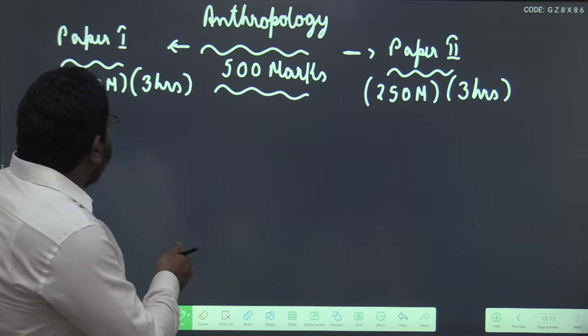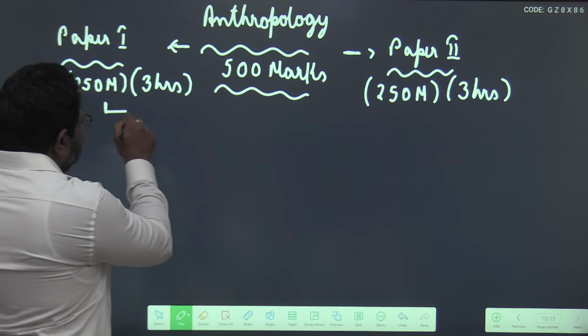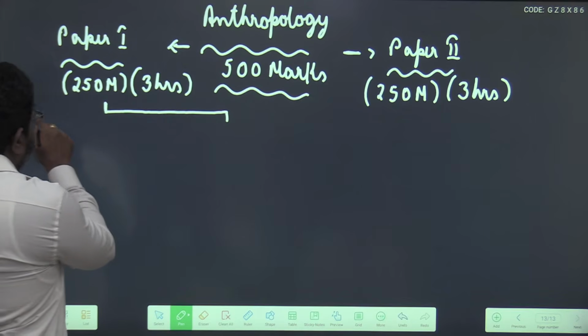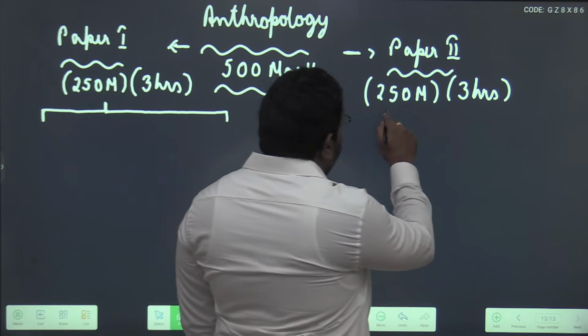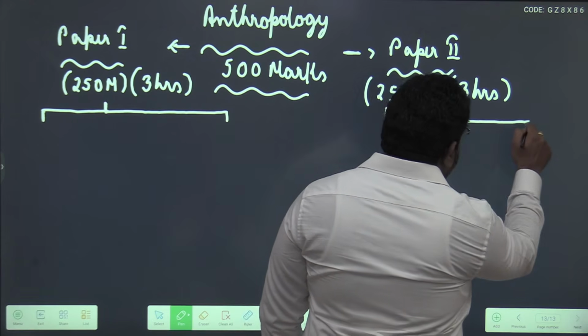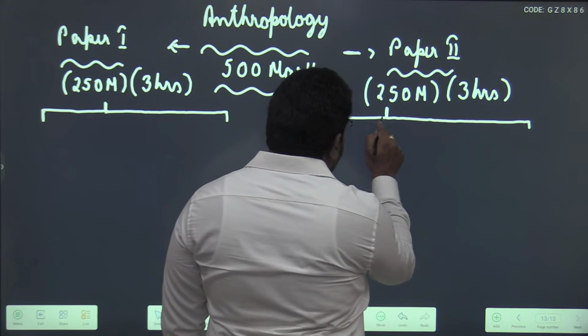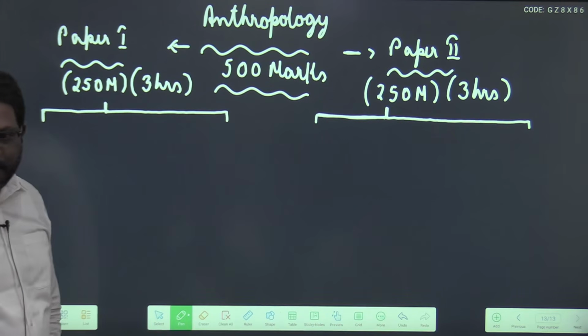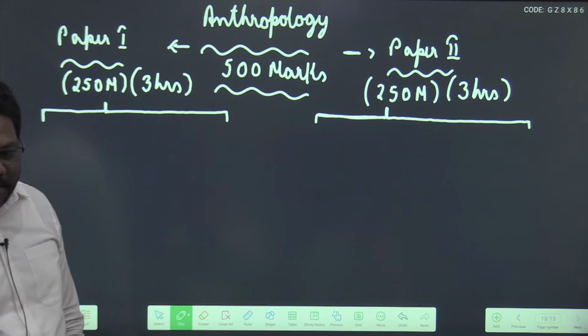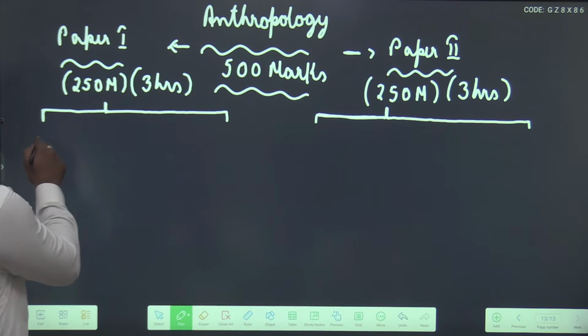Now in paper 1, those of you who have seen the question paper can tell me what are the components of this paper 1 and paper 2. You did not pay attention to detail? No issue.